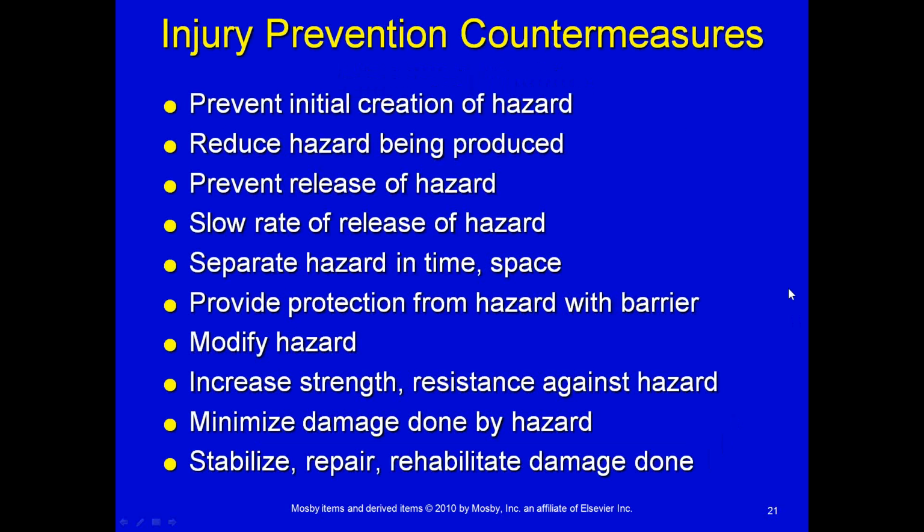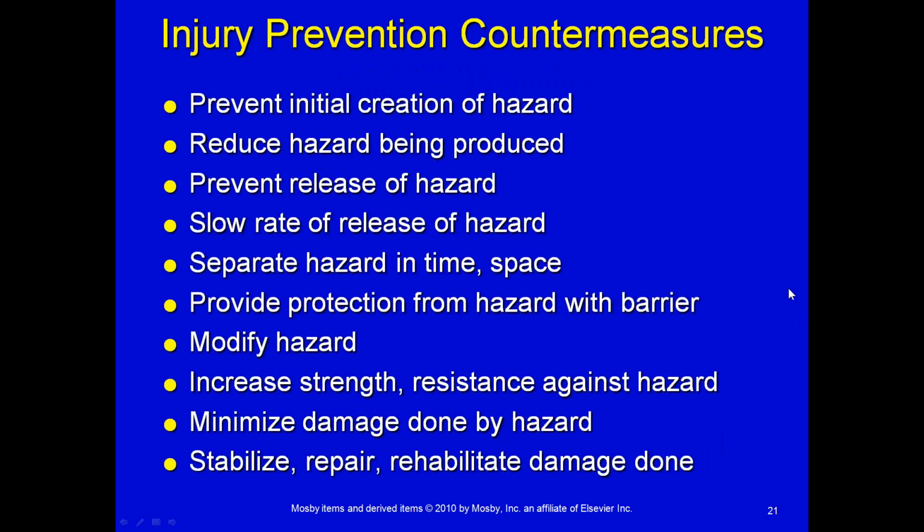Some other injury prevention countermeasures that EMS can be involved in is to prevent the initial creation of the hazard. Try to reduce the hazard that's being produced, prevent the release of the hazard, slow the rate of release of the hazard.